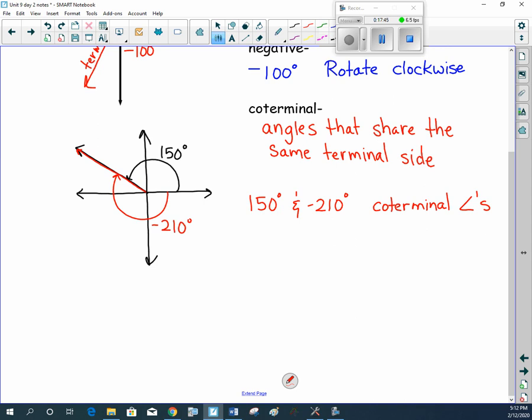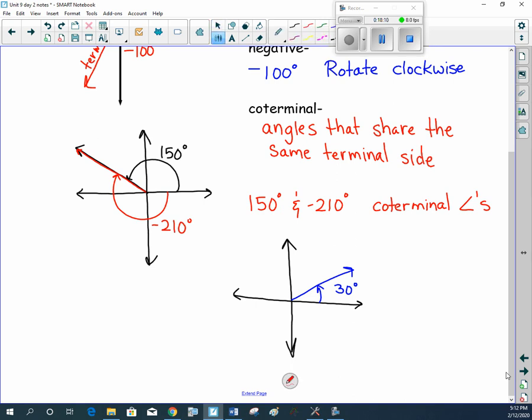Let's do another example. I'll do one where I do two positive angles. So it doesn't always have to be positive and negative. So here we go. I'll do a little one. So my first angle, I'm going to rotate 30 degrees. Okay, now I'm going to rotate another angle, but I have to end up with the same terminal side.